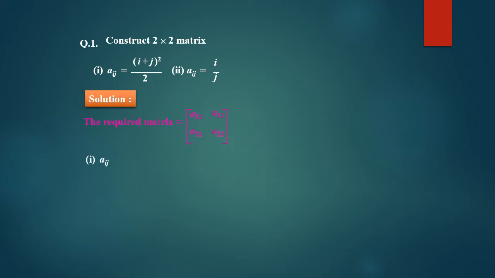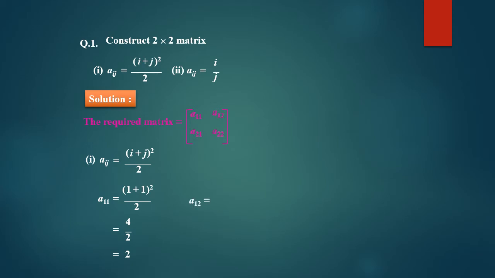So to calculate the first term, we are substituting i equal to 1 and j equal to 1 in the given equation. So Aij will be equal to (i plus j) whole square divided by 2. So A11 is equal to (1 plus 1) whole square divided by 2. So 1 plus 1 we get 2, 2 square is 4, 4 divided by 2 is equal to 2.